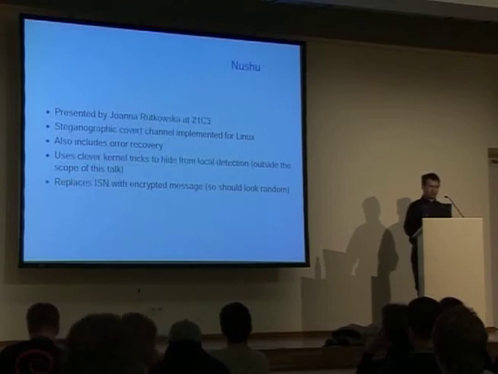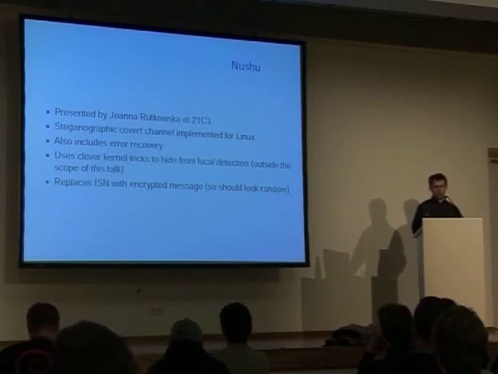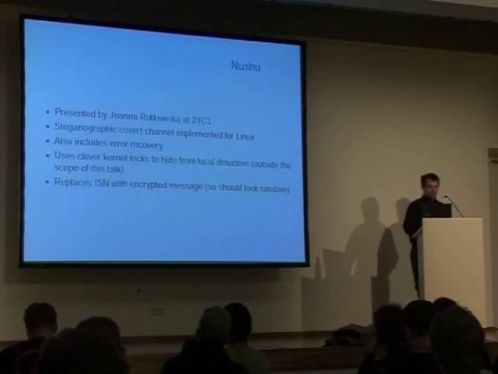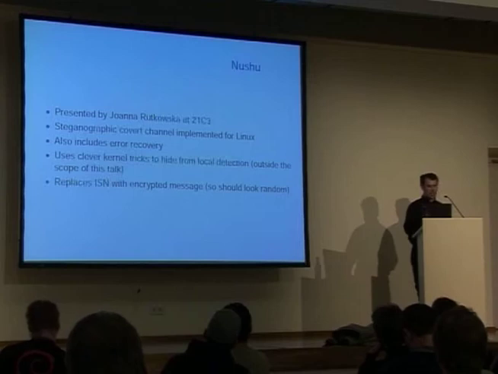Like a small version of TCP, it has a packet number, and that means if packets are lost or reordered, you can reassemble it. And then it's encrypted. And then there are tricks in the Linux kernel which hide it from someone who's on localhost trying to inspect it. What I'm going to look at is not the localhost detection, but ones on the network.